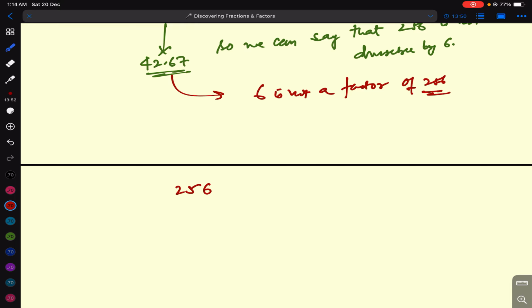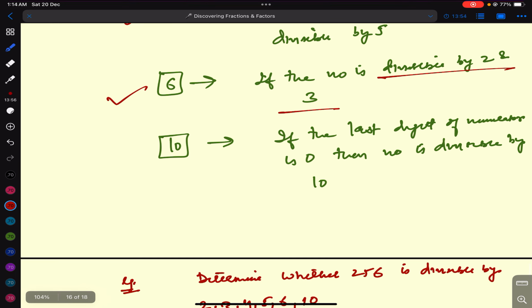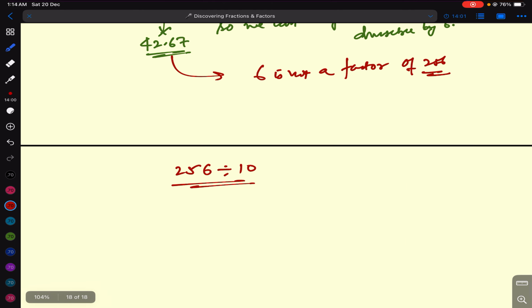Now 256 divided by 10. What was the rule of divisible by 10? If the last digit of the numerator is 0, then the number is divisible by 10. So do we have the last digit as 0? It is not 0, right? Rather it is 6.